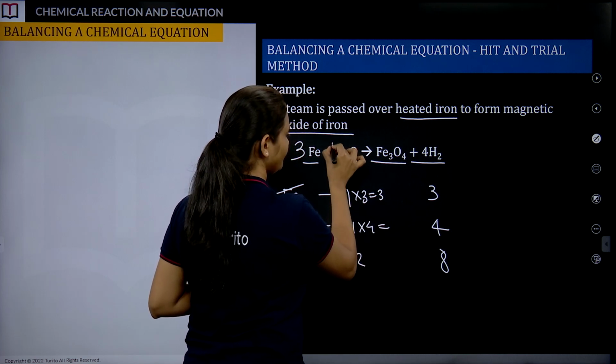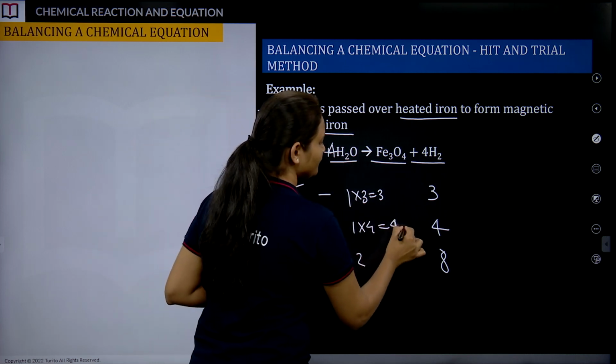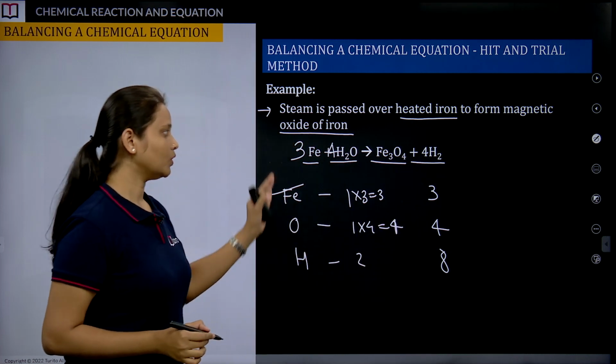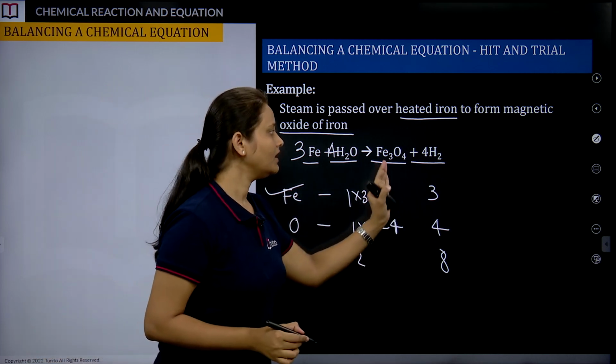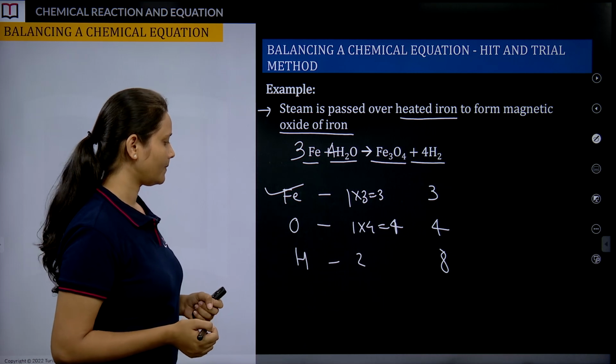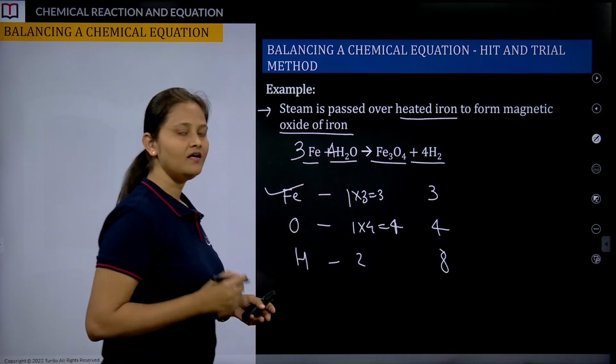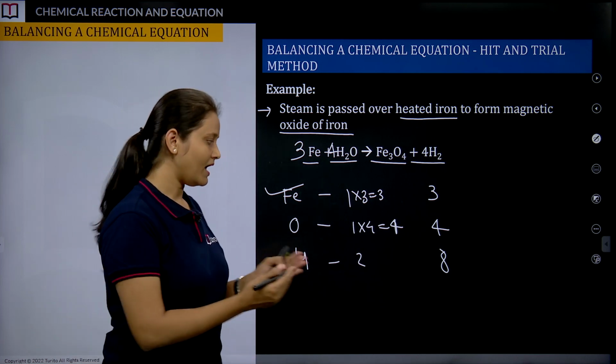If I am adding coefficient 4, this gives me 4 atoms of oxygen on the LHS, which is equal to the atoms of oxygen on the right hand side, right? Coming towards this, we have added coefficient 4. Actually this helped us to balance hydrogen.